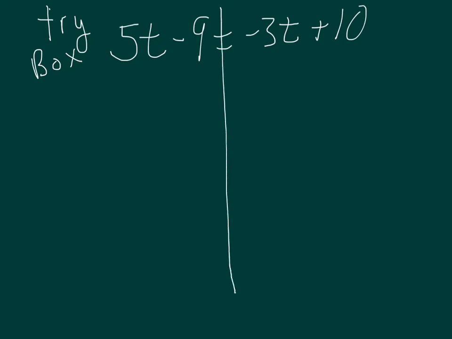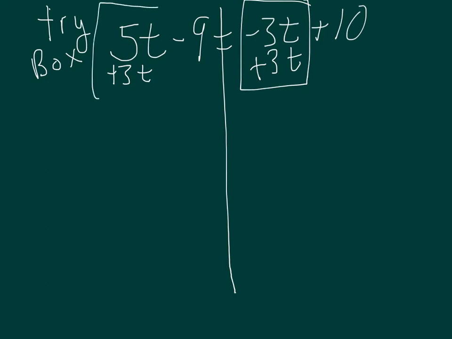So here's the solution. We're going to get rid of a variable. Again, I usually like to get rid of the variable on this side first. I don't know why, but you could do minus 5t on both sides first. But I'm going to do plus 3t on both sides. That will get rid of this, so now I'm going to make it into a two-step equation. 5t plus 3t is 8t, minus 9 equals 10.